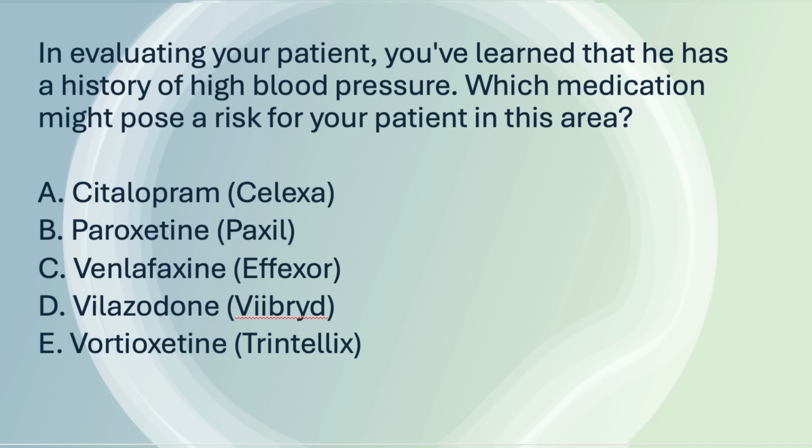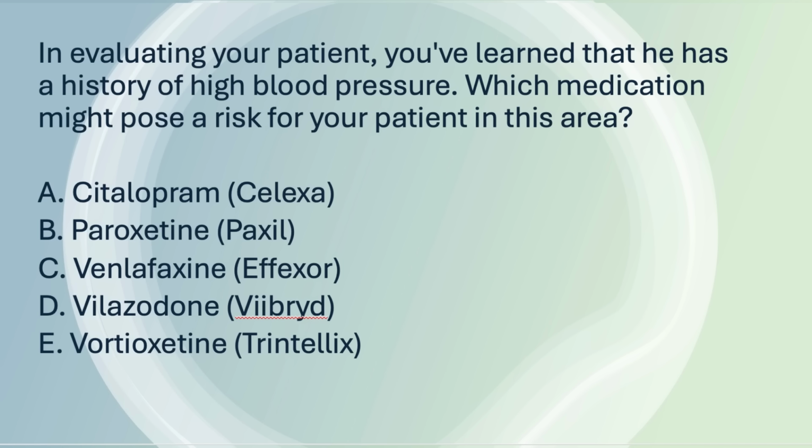There are so many of those questions on the boards about which drugs do and do not affect which receptors. And in real practice, we can have a sheet that has that on it. We can look in a book. But on the boards, you have to memorize this. So remember that.